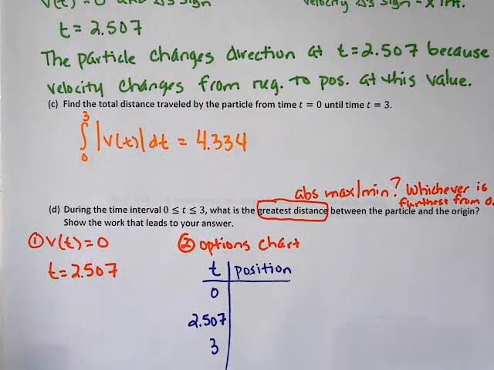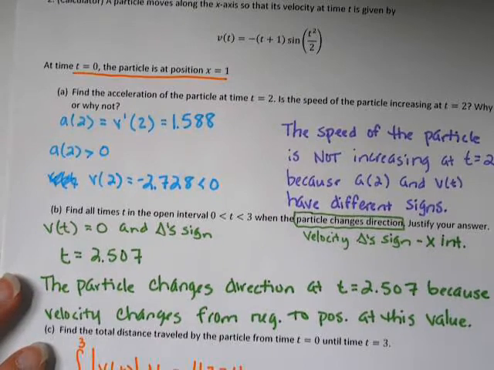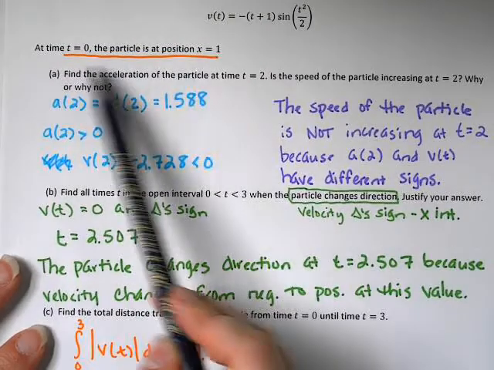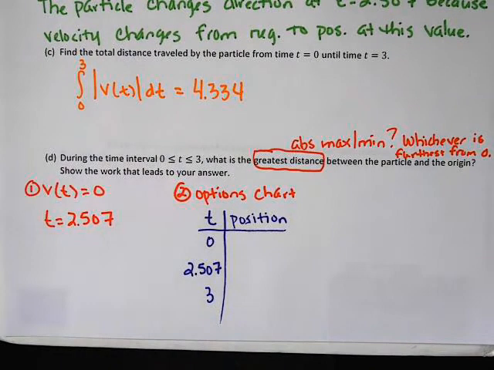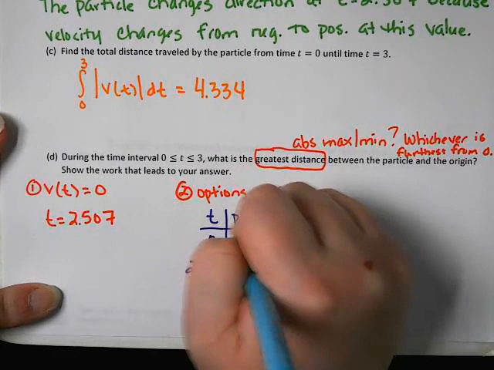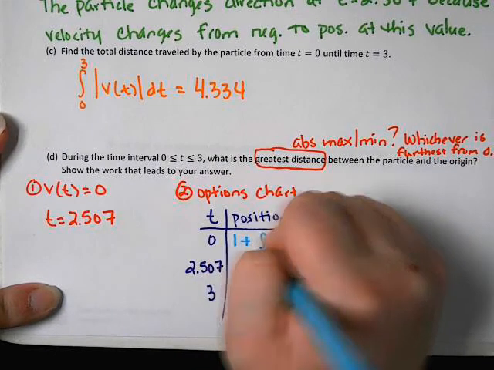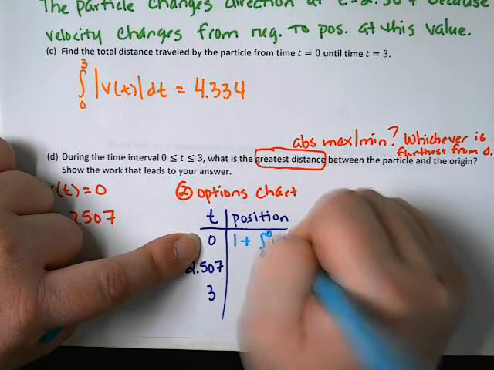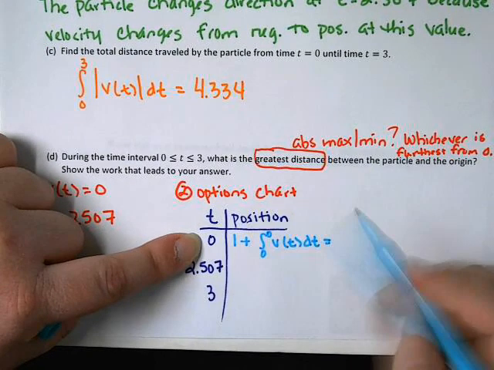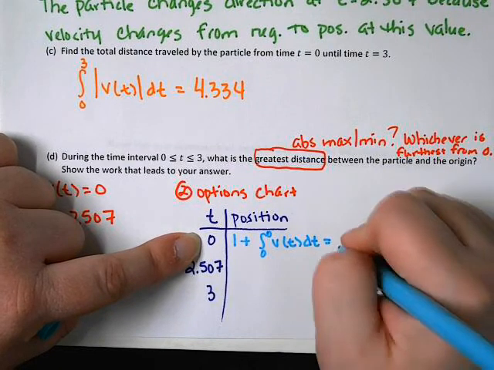Okay, so position is going to be the initial plus the integral. We have to go back up to the top, and they told us that our initial position at time t equals 0 is 1. So I am going to do 1 plus the integral from 0 to 0 of v of t dt, and we know the integral from 0 to 0 is just 0.